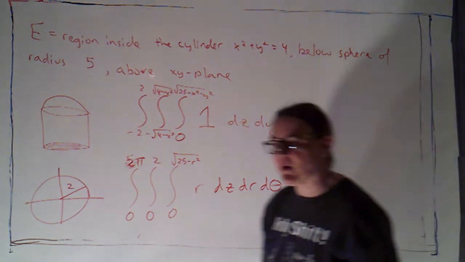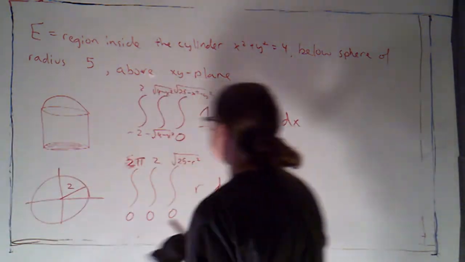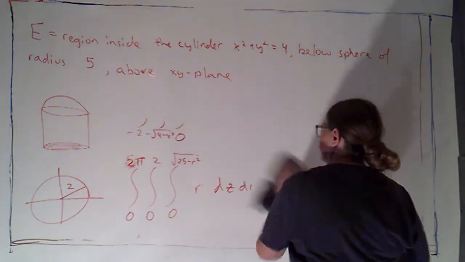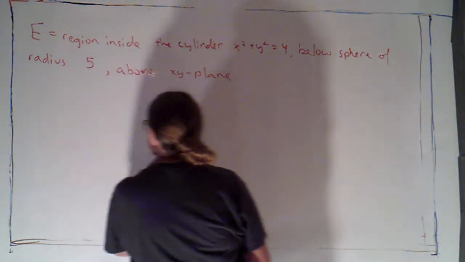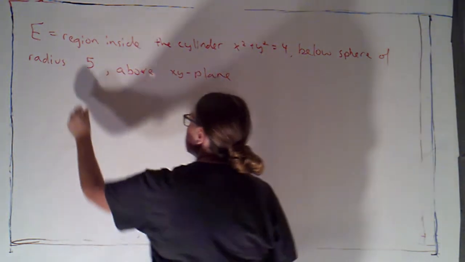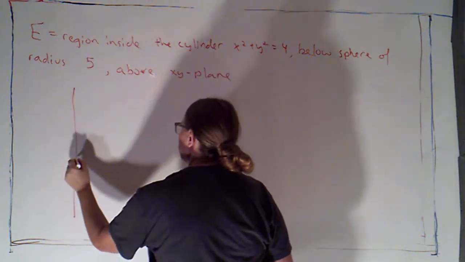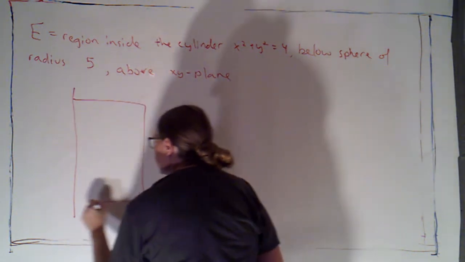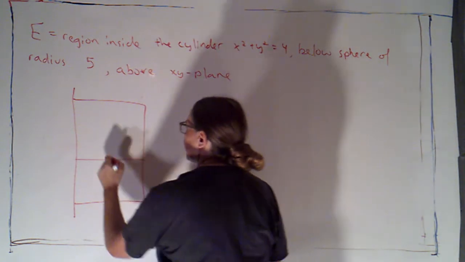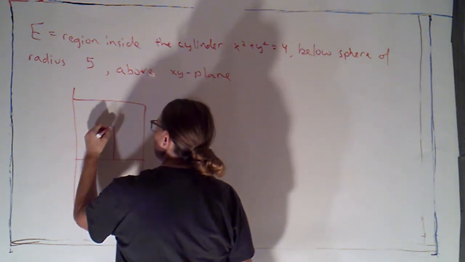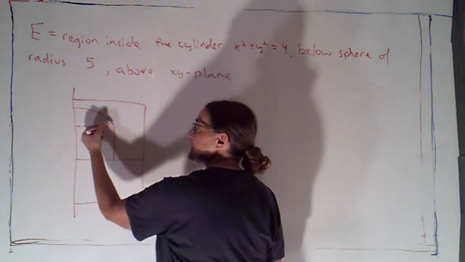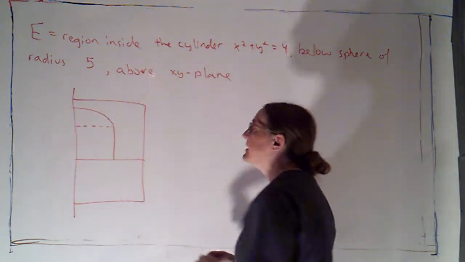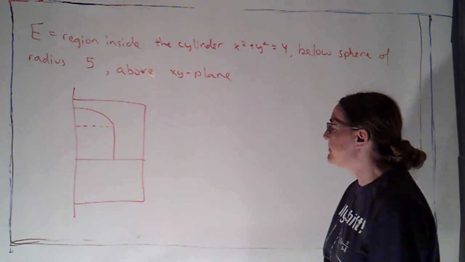Let's take a look at what we get in spherical coordinates. So here's my constant theta half plane, and here's what I see here, where this would be the sphere, this would be the cylinder. Okay.